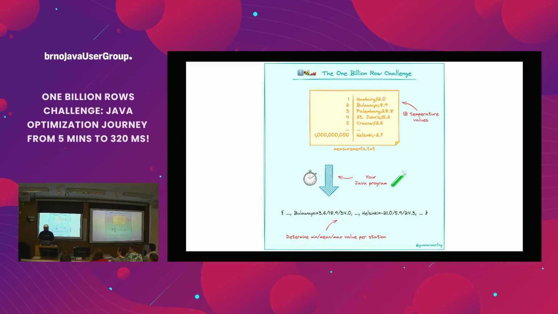For each station, for each city, it will calculate its minimum temperature, maximum temperature, and average, then write it as a single line in this format: name of the city equals minimum, average, maximum, sorted alphabetically per station. That's it. Sounds simple, right? And it is simple. It's the most basic aggregation you can imagine.